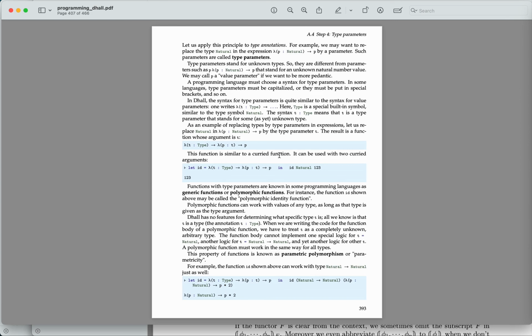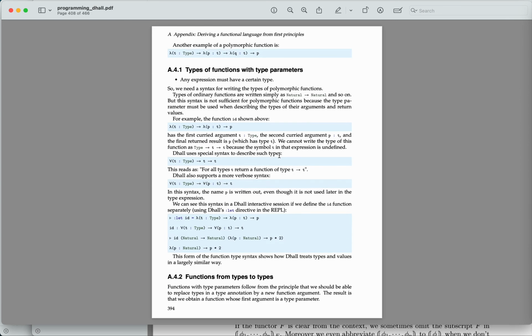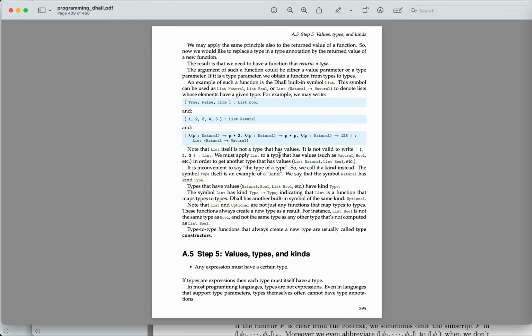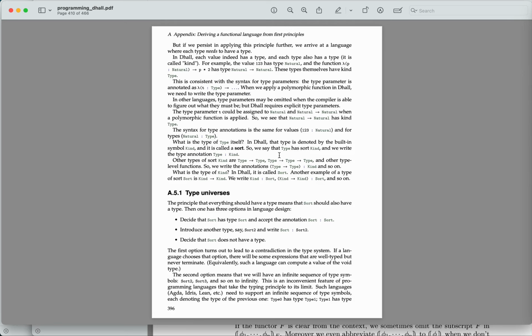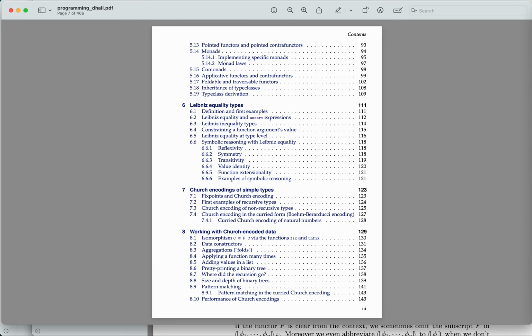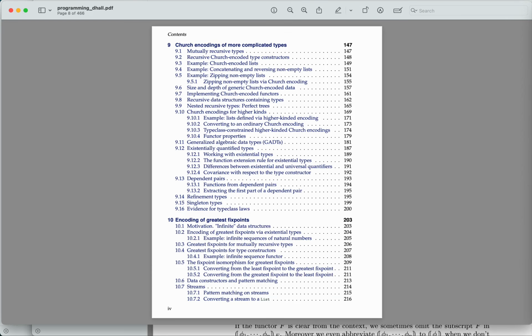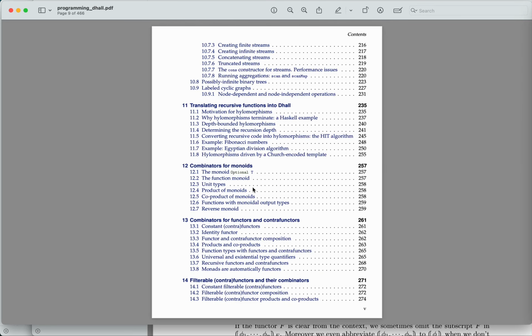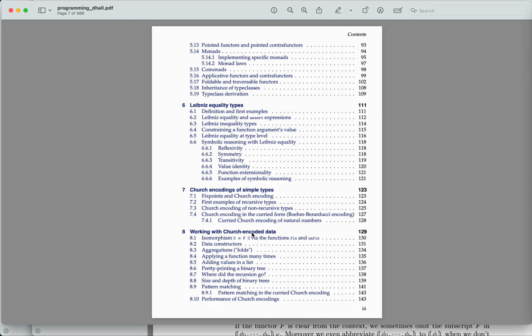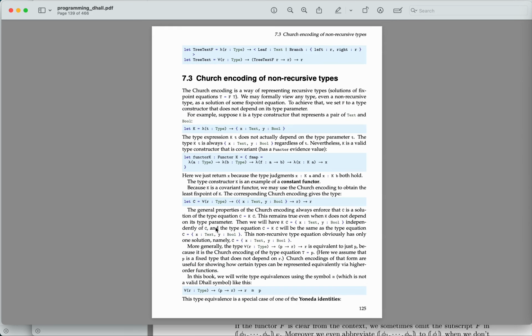Dhall has more features than just pure functions. Dhall has records, union types, and some other features. But these features can be encoded using church encoding, which I believe I show here as well when I say church encoding of more complicated types. So church encodings can encode pretty much everything. I think I encoded here. I showed it here.